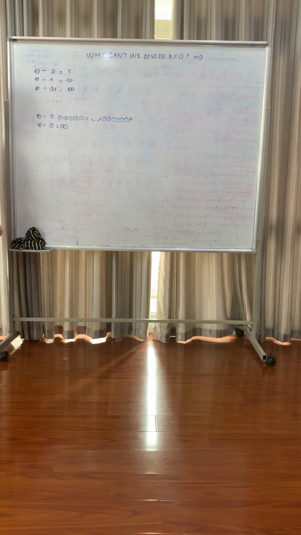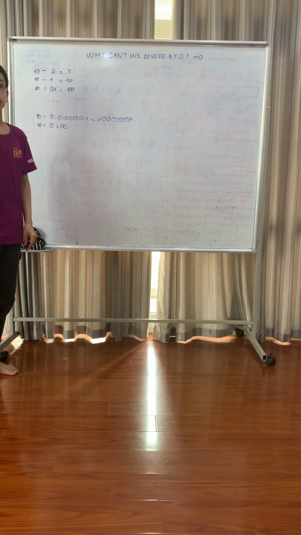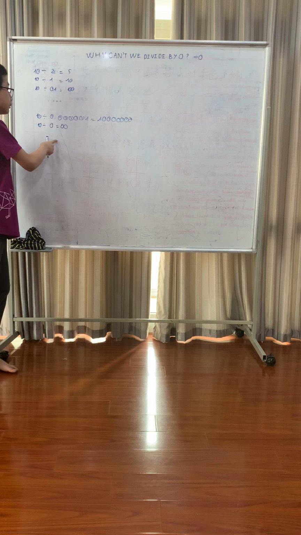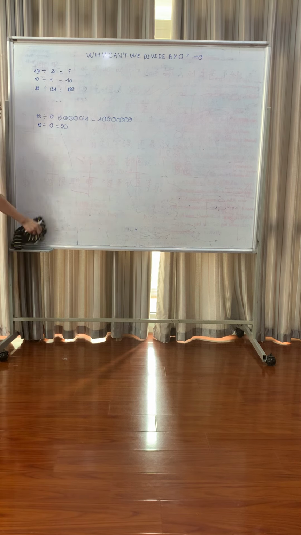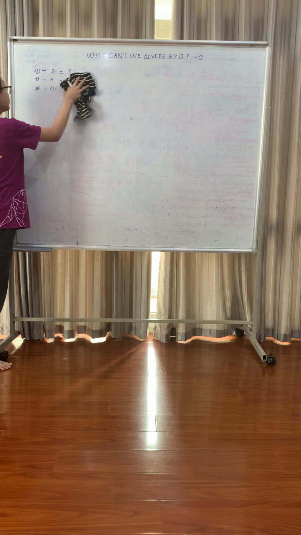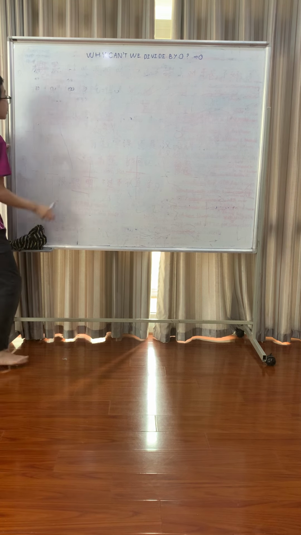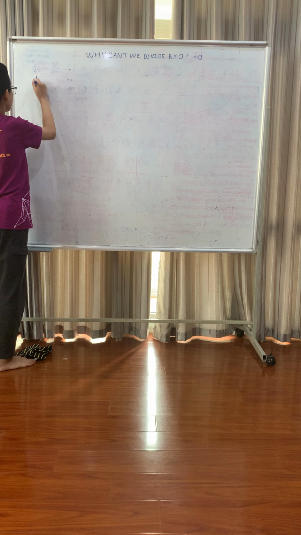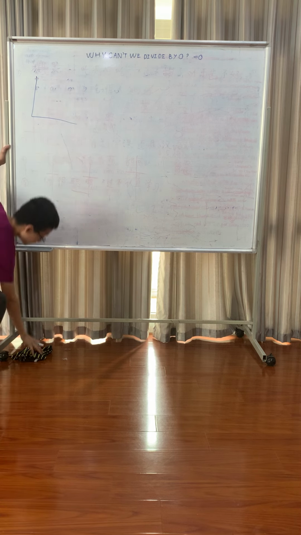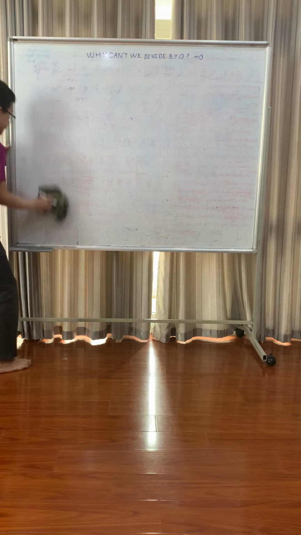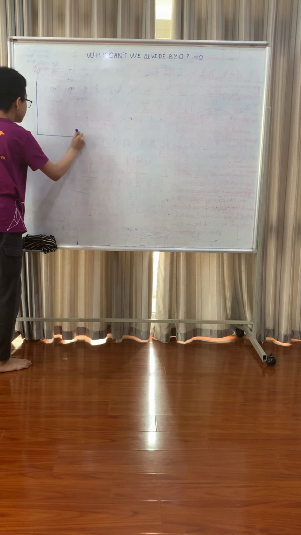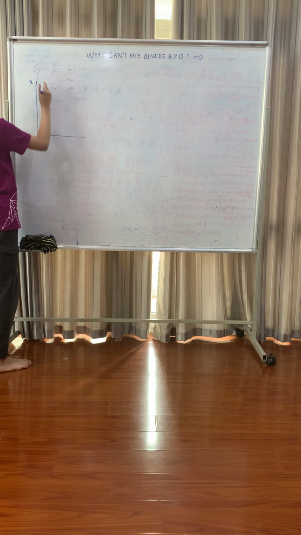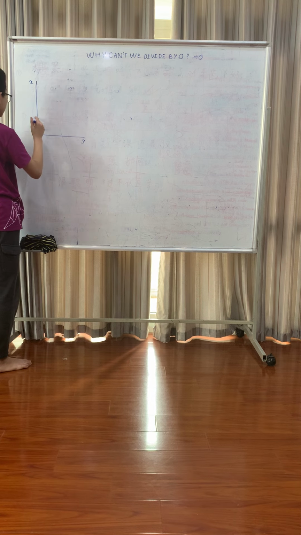That may sound reasonable, but we have to prove that 10 divided by 0 equals infinity. So I have this chart for you here. This is the x-axis, and this is the y-axis.